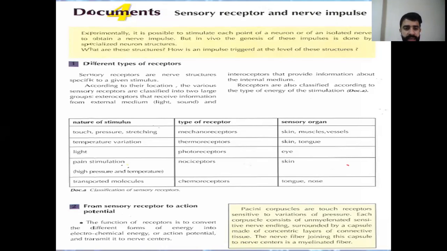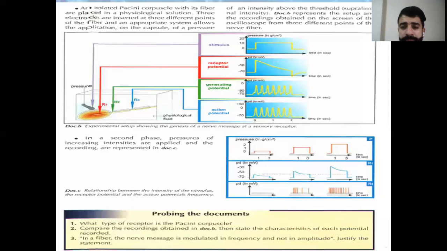Also, according to their location, we have exteroreceptors and interoreceptors. The exteroreceptors receive information from the external medium, while the interoreceptors receive information about the internal medium. So any light, sound, or pressure is related mainly to the external. So exteroreceptors come from the external medium.